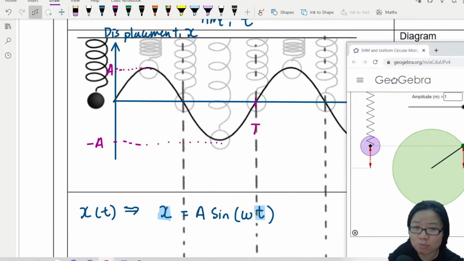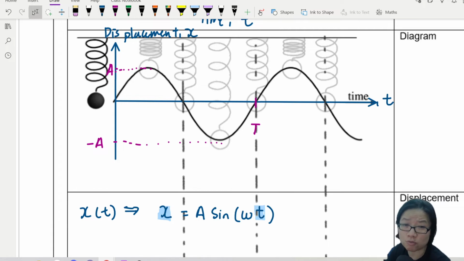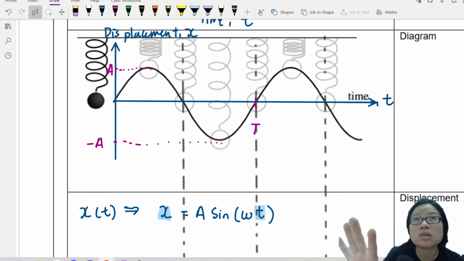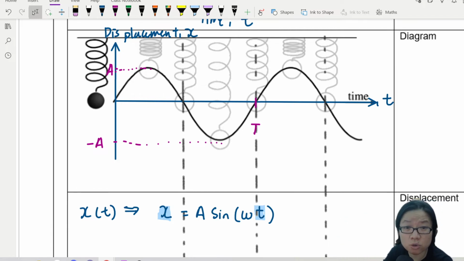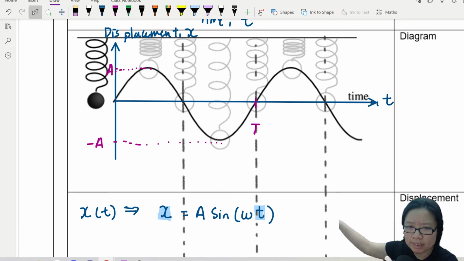If you are confused about sine, cos, negative sine, negative cos, and don't know how to differentiate them, or you forgot because it's been a while, go and watch the maths booster video recorded by Miss Ellie. It should be somewhere in the channels. Go watch how to differentiate, because this is what we're going to do next.